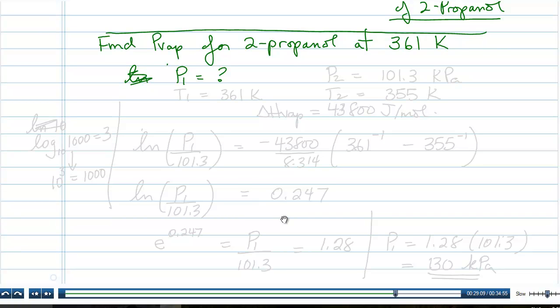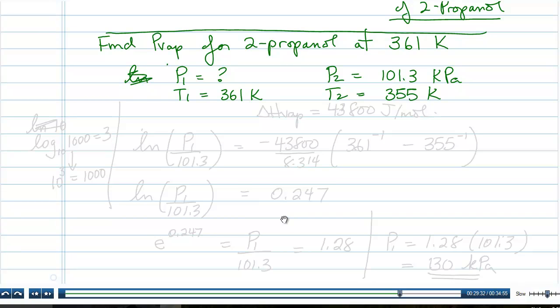I'll let the unknown be P1. Therefore, my T1 is 361 Kelvin. I need a P2 and I need a T2. Well, why don't I use the normal boiling point? 101.3 kilopascals would be my P2, and 355 Kelvin was the normal boiling point.